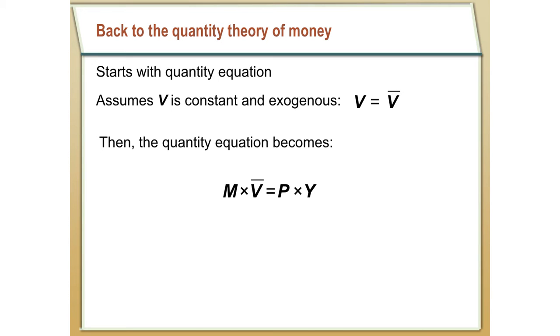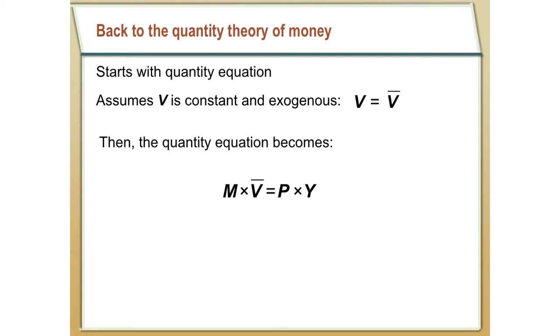Once we start making some assumptions about the variables in the quantity equation, it becomes the quantity theory of money, which allows us to draw some conclusions. One of the big assumptions here is that velocity is constant and exogenous. In other words, the interaction of M, P, and Y does not determine velocity. It's determined by some other process outside of this model.